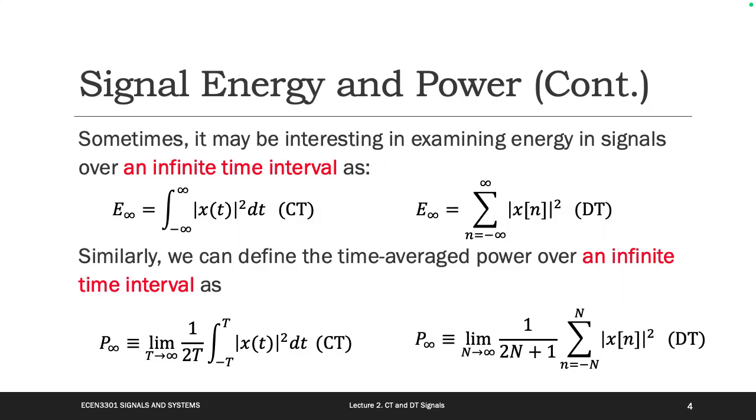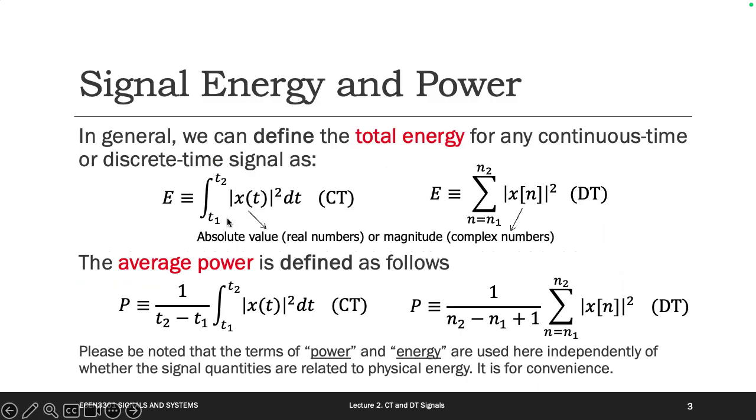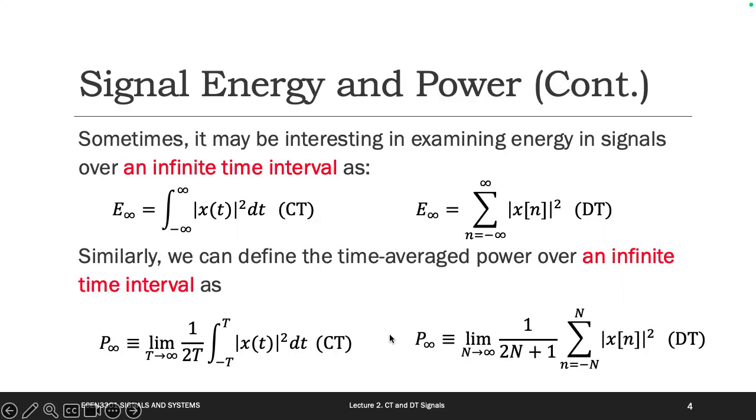Actually those two are the same, just T1 equals negative infinity, T2 equals positive infinity. That makes sense to you? Because sometimes when you represent some signals, it's just from negative infinity to positive infinity.